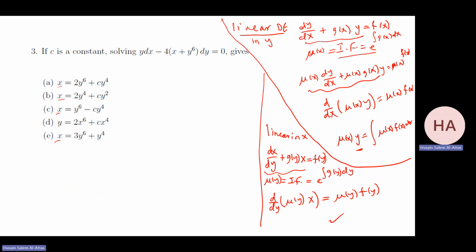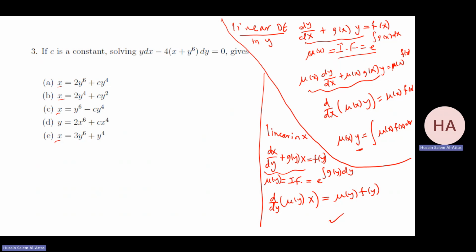Okay. And this is what happened in this case, and you just rearrange it. I notice it's not linear in y, because they have y to the power 6. So that will not be linear. But x, I notice it's only linear. So that's what makes me think of it as linear in x.